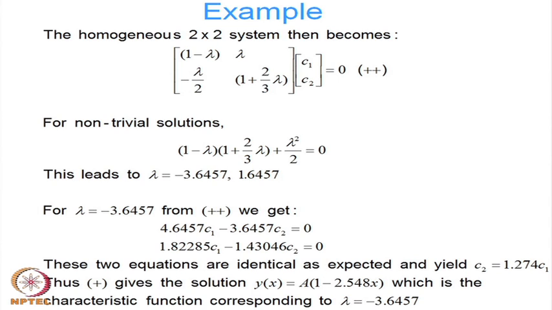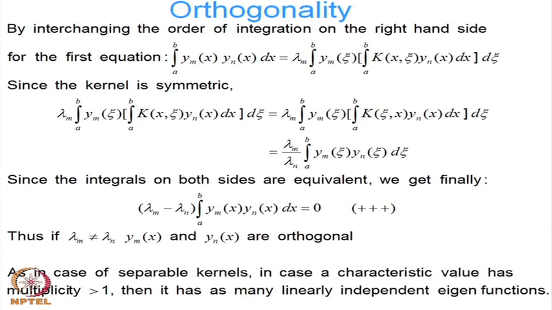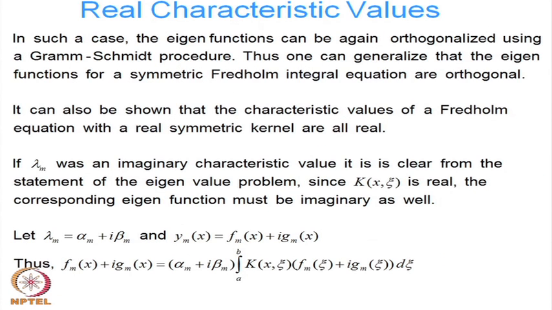Then I cannot solve it in closed form; I have to do it iteratively. So, I have to evaluate the eigenvalues and the eigenfunctions in an iterative fashion, and we will look at how to do that. Again, the way to do it is very similar.